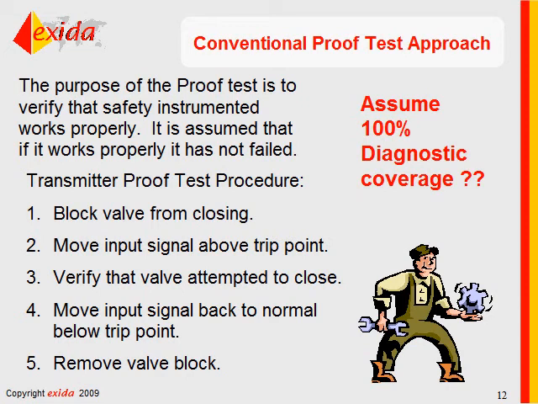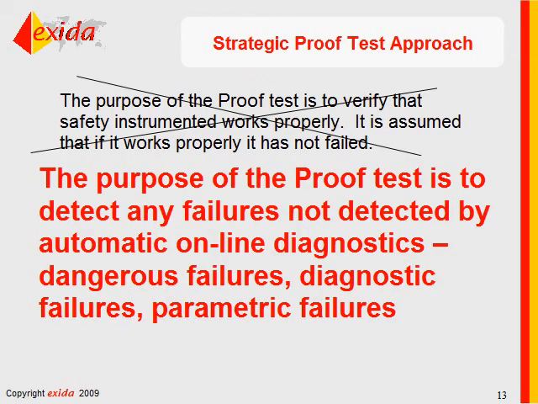Can we assume 100% proof test coverage, 100% diagnostic coverage here? Well, the purpose of the proof test is to detect any failures not detected by automatic online diagnostics: dangerous failures, diagnostic failures, and parametric failures. The objective is not to verify that my safety instrumented function works. The objective is to detect any failures that are undetected by the automatic diagnostics.